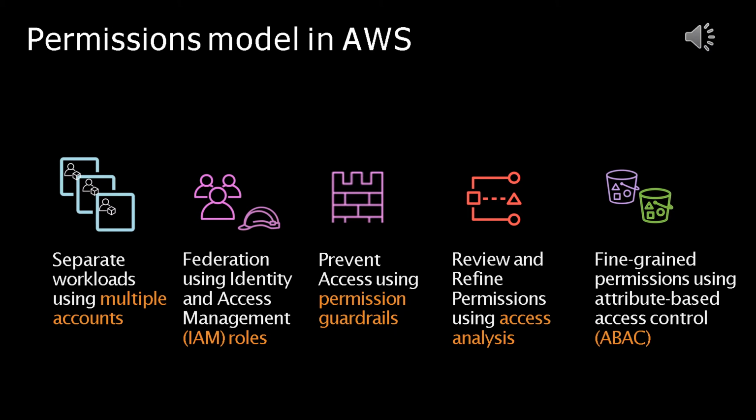Then, as we have different workloads, we need to be able to access those accounts by using temporary credentials, and that's where federation comes in. After we have permission guardrails, which helps to prevent access. From there, we have access analysis, which allows us to review and refine permissions on a deeper level. And finally, we have fine-grained permission using attribute-based access control.